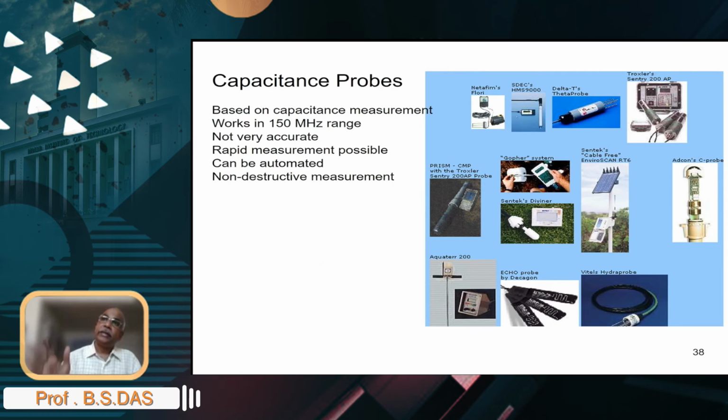Okay, so these are the expensive probes, still running to somewhere around 50,000 rupees to a few lakhs. And a neutron probe would be something like 10 lakhs, and they're getting obsolete now.